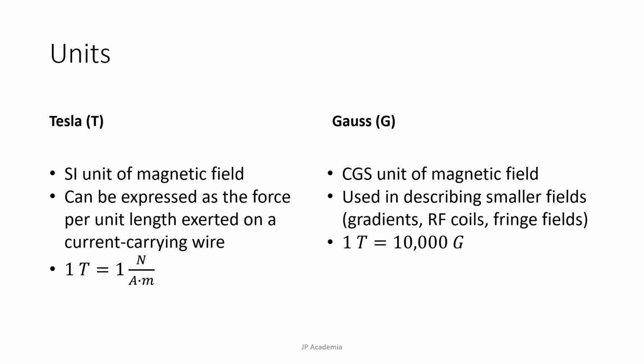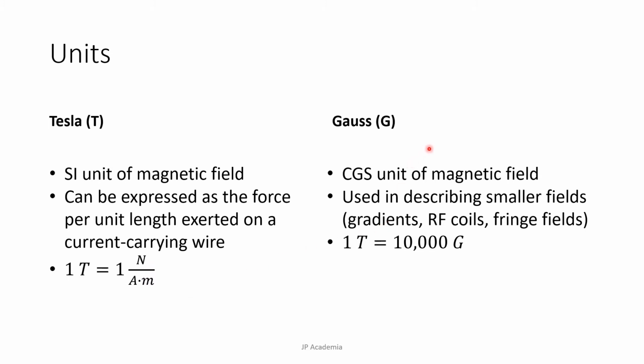In discussing magnetic fields, we will encounter these two units. First, we have the Tesla. Second, we have the Gauss. Tesla is an SI unit of magnetic field, which can be expressed as the force per unit length exerted on a current-carrying wire, as shown in this unit. 1 Tesla is equal to 1 Newton per ampere meter.